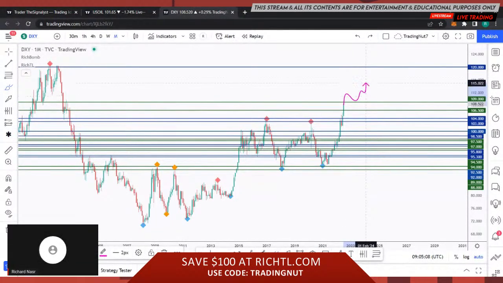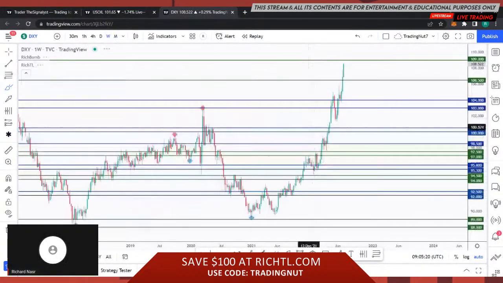In that case, a movement further upward would be expected till this low, or even till the 120, which is this high here. But let's take it step by step, right? Approaching or diving inside a supply zone, we'll be expecting weakness on the XY. Of course, it wouldn't be a full, long-term reversal.